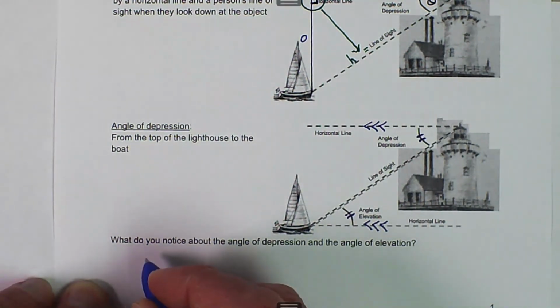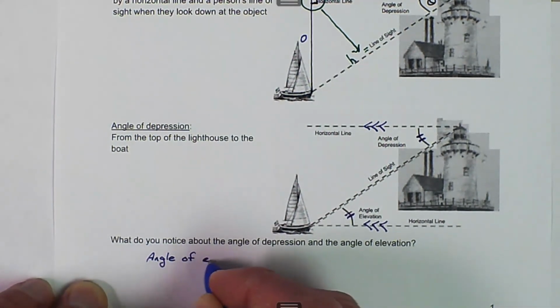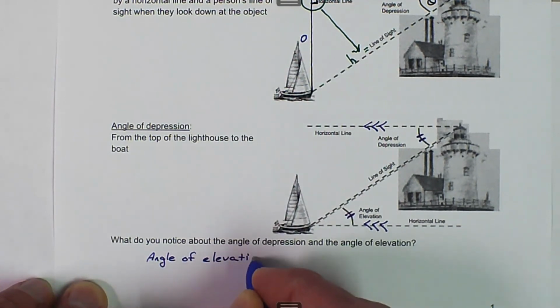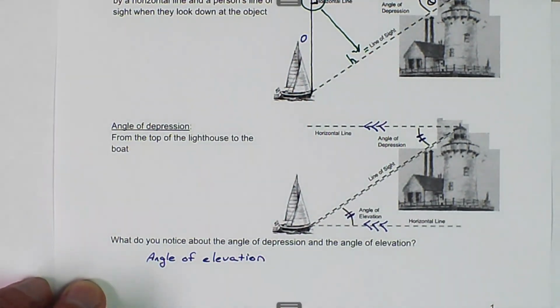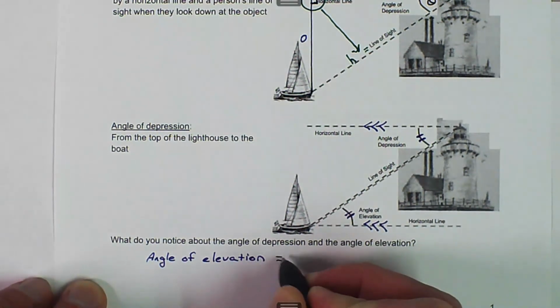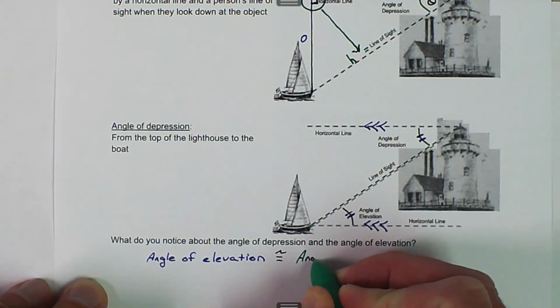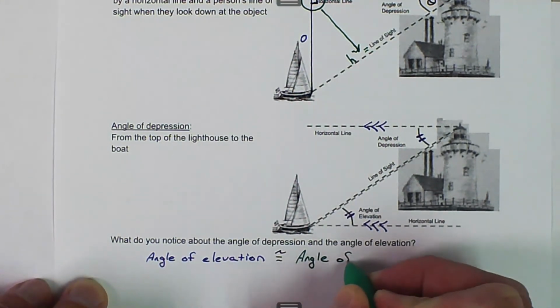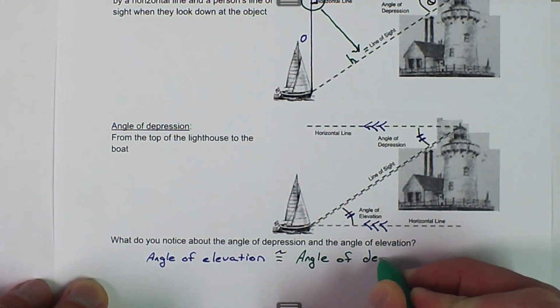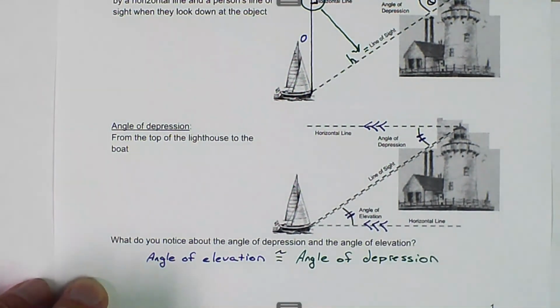So angle of elevation is congruent to our angle of depression. And the reason that we can say that is by alternate interior angles.